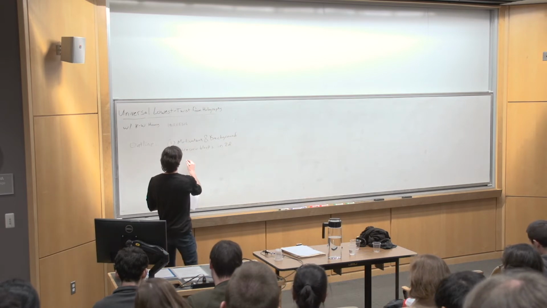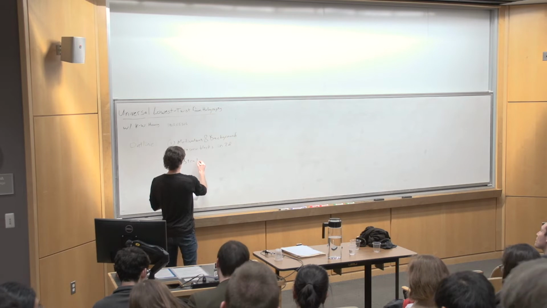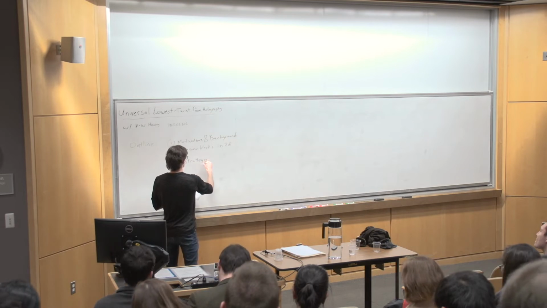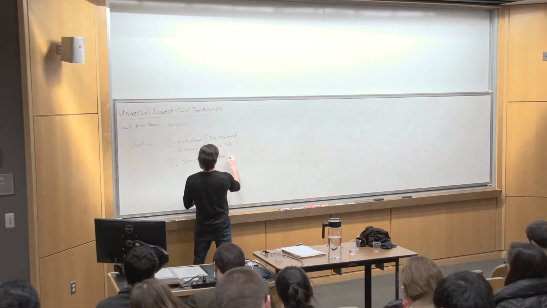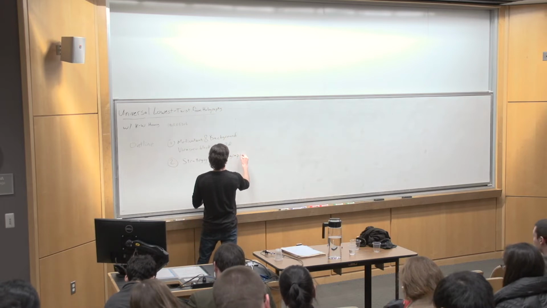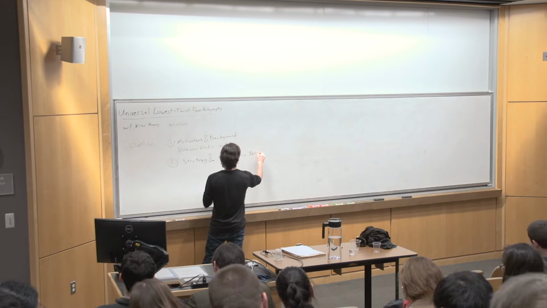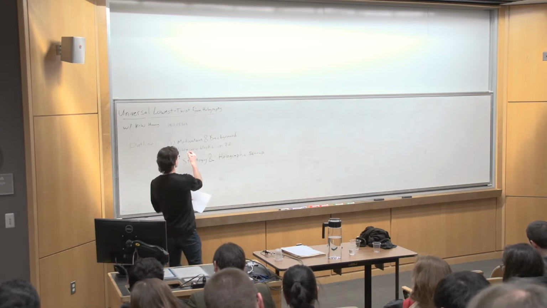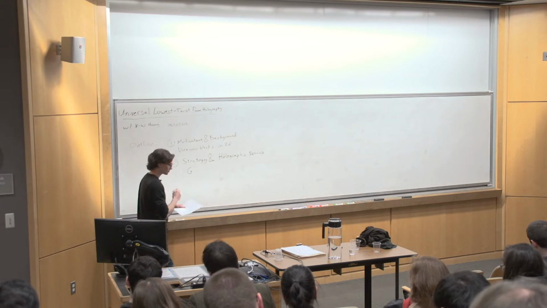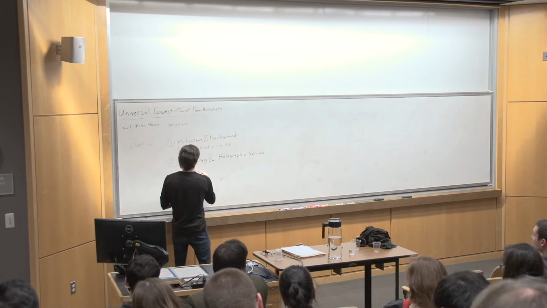And then I'll move on to the point of the talk, which is the strategy we're going to apply. In particular, I'll talk a bit about the holographic setup for the actual calculation we do. The goal of this talk is basically to try and generalize Virasoro blocks in 2D to higher dimensions.